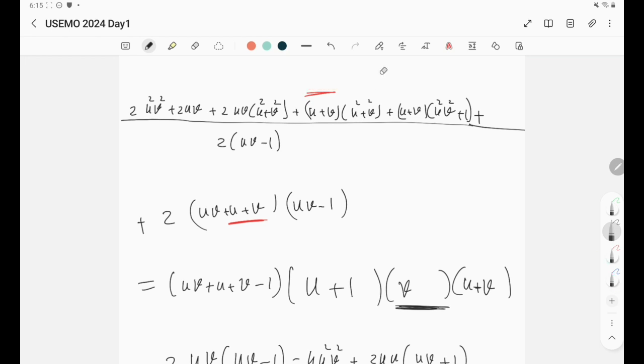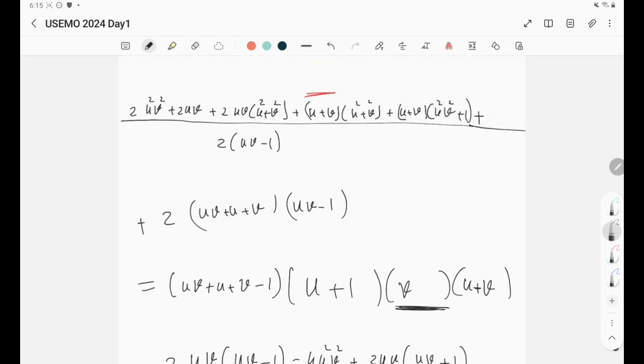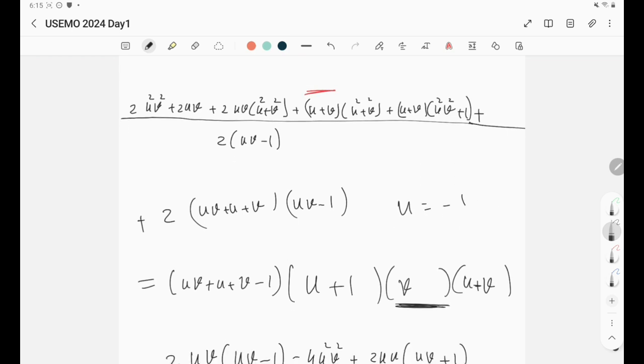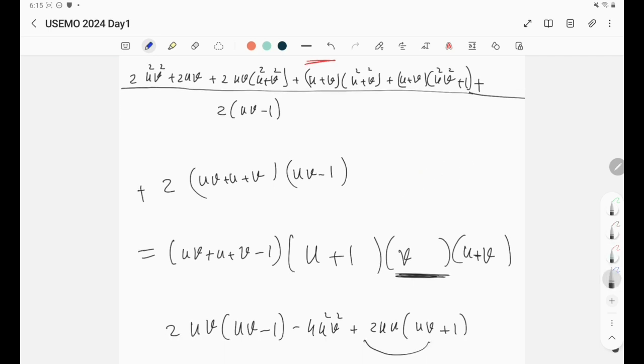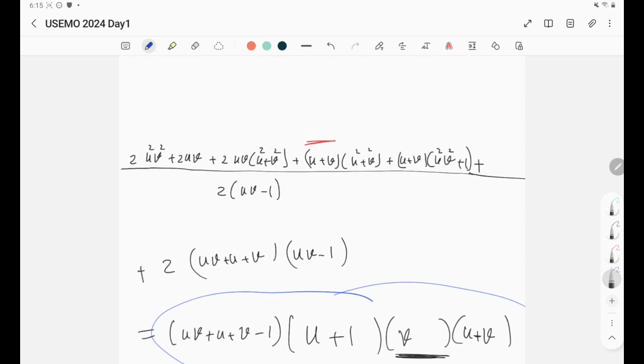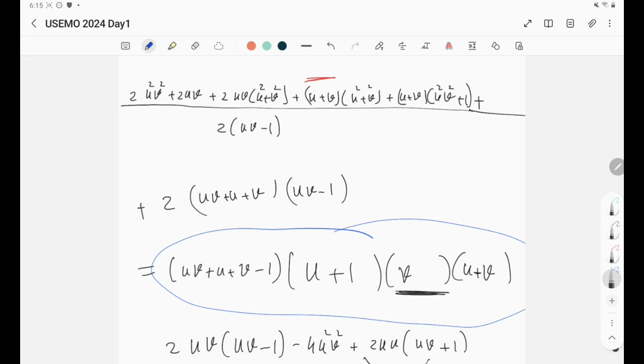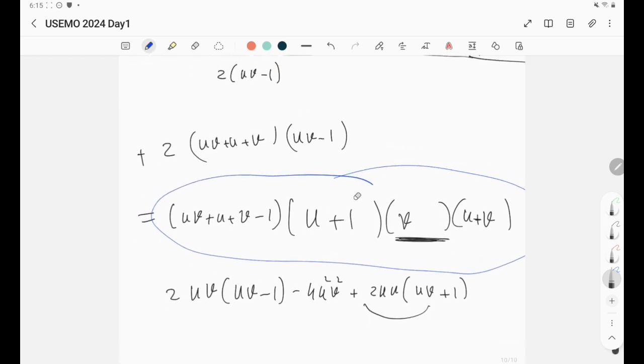If u plus 1 works, then that means u equals negative 1 is a root. So let's just try plugging u as negative 1 and see what will cancel. If everything cancelled, then we're good actually. In fact, if everything cancelled, then we immediately don't need to expand all of that, right? We can immediately write this as the factorization, and of course we can double check quickly. So anyway, let's just try to see whether u plus 1 is a factor or not.